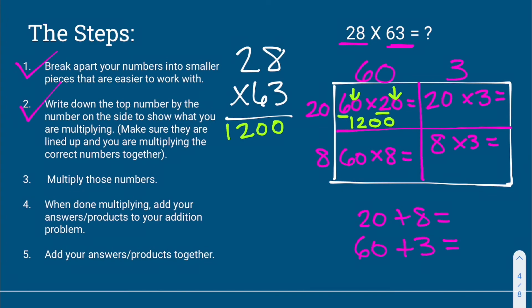And I put it in my partial product right away. Go ahead and try 20 times 3. I'll give you a moment now to figure it out. Okay, did you say 2 times 3 is 6 and then add the 1 0? Good job. And then don't forget to add it to your partial product.